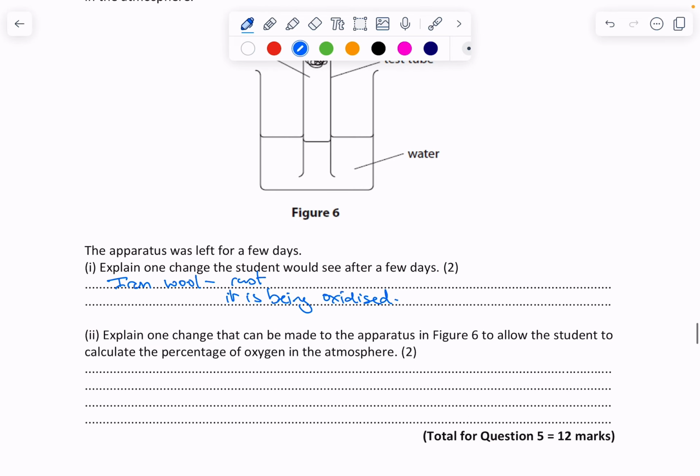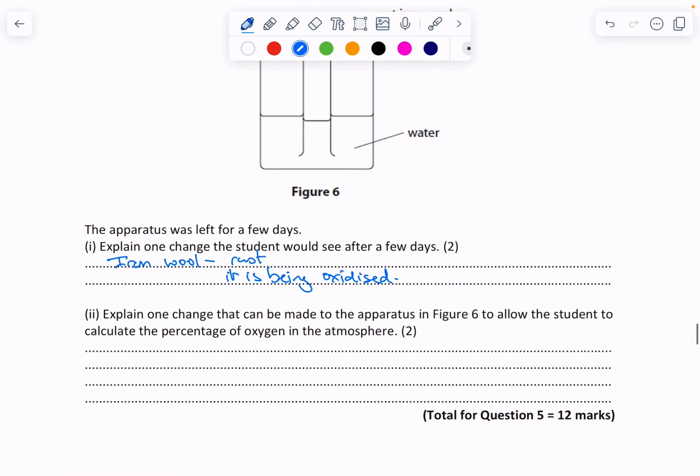Explain the change we could make to the apparatus to allow a student to calculate the percentage more accurately. So what I would do if I was doing this is replace the test tube with a measuring cylinder.